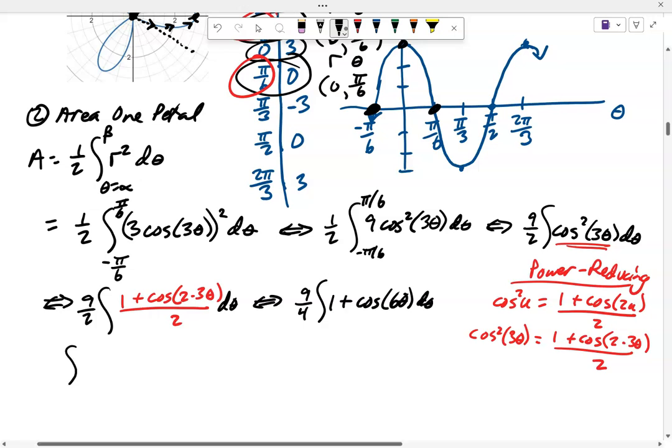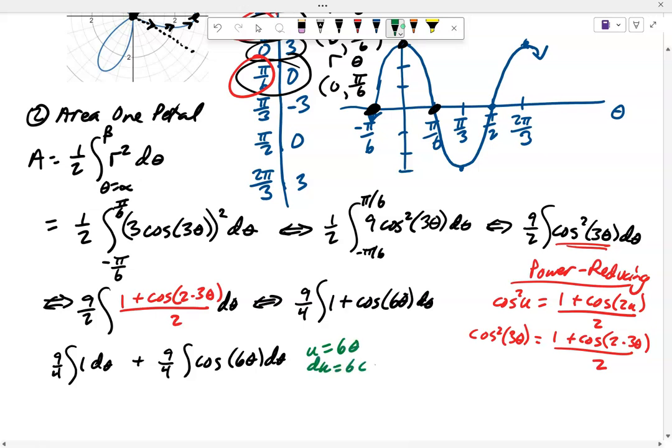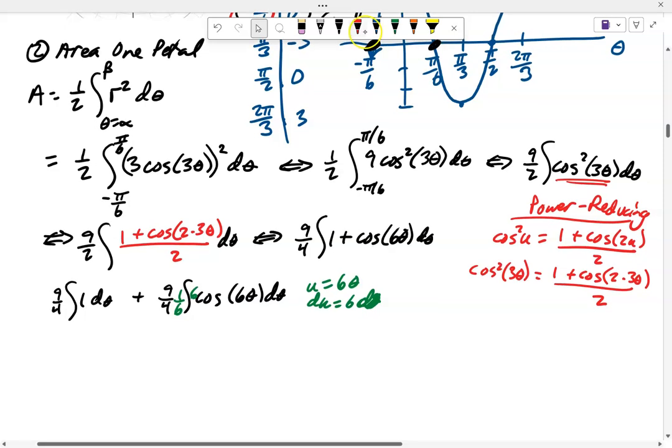So that's the integral of 1 plus cosine 6 theta. I'm going to let u be that 6 theta, so I need a 6 and a 1/6. So I got 9/4, so I got theta plus, let's see, both those go into 3, plus 3/8.